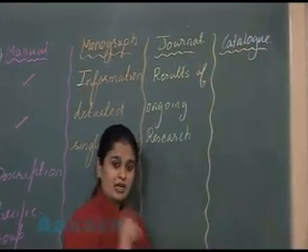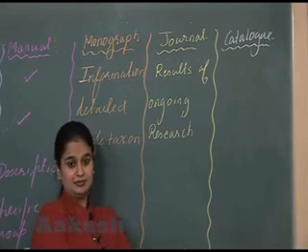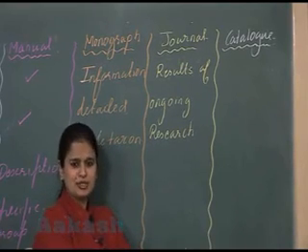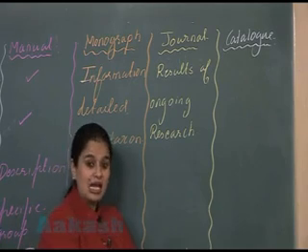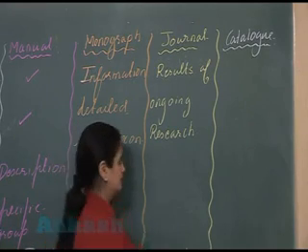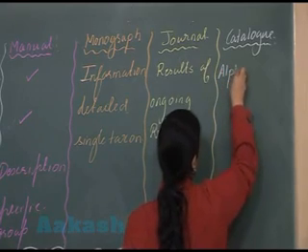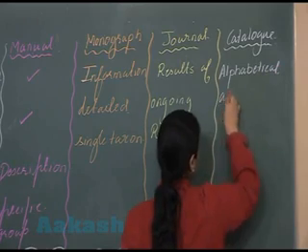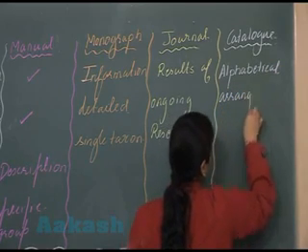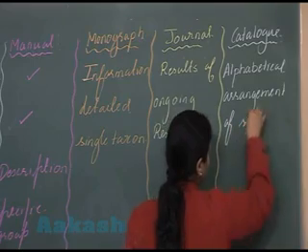Catalog also gives a listing of organisms, a listing of species, and generally this listing is done in an alphabetical manner. Alphabetical arrangement of species.